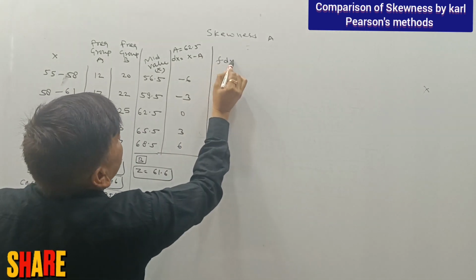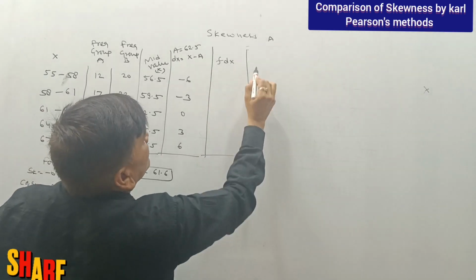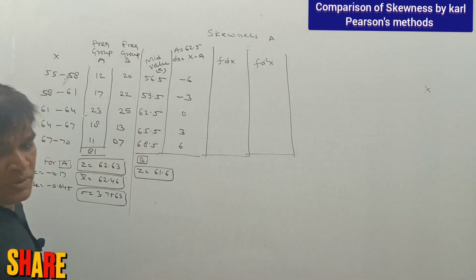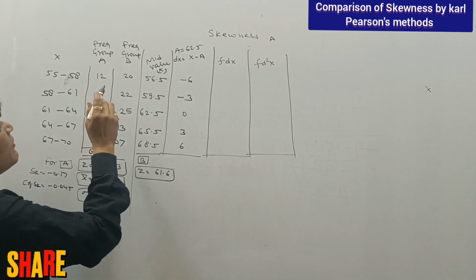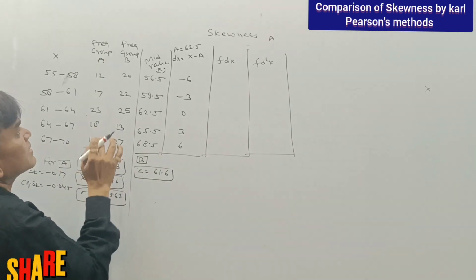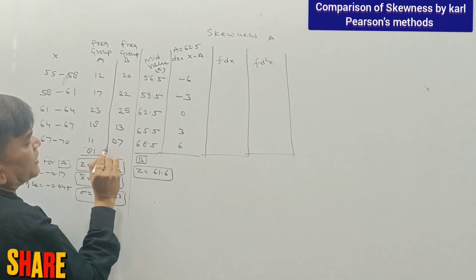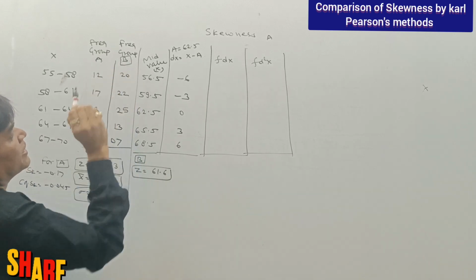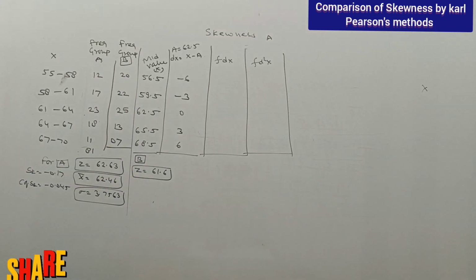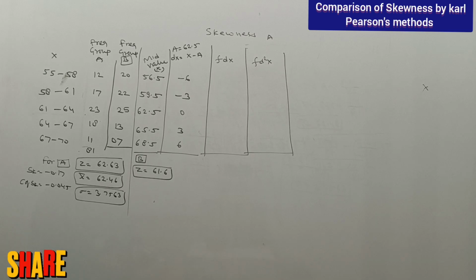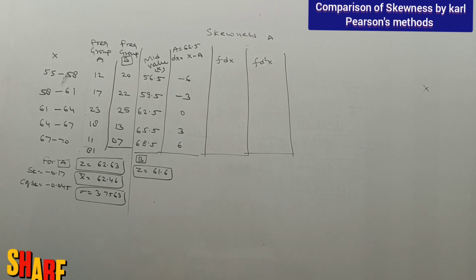Now fdx is required, fd square x is also required. In this series we will use this frequency because we are dealing with B. So the addition of frequency is 20 plus 22 plus 25 plus 13 plus 7.